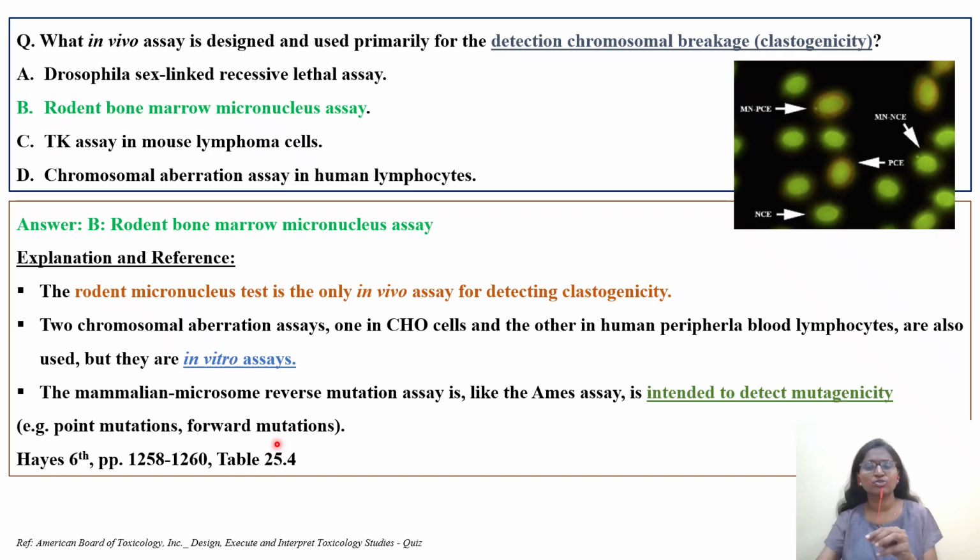Again, there are different types of mutations, such as frame shift mutations, and in that, deletion and addition. Such types of damage will be there. So it is used for point mutations and forward mutations also. These were the question and explanation given by the American Board of Toxicology.